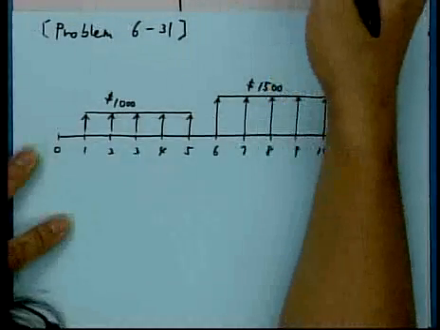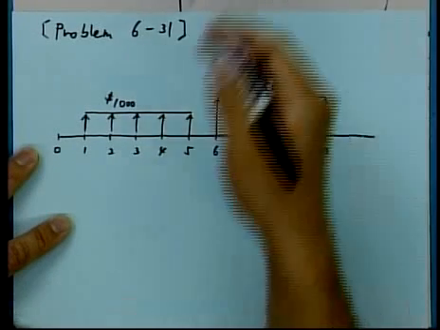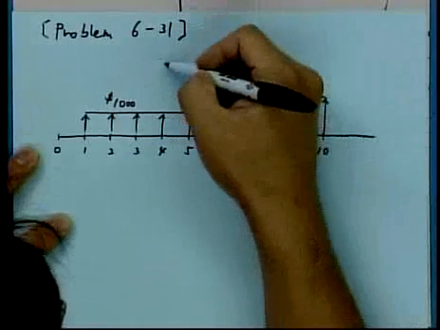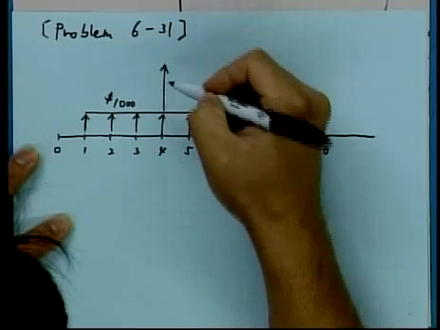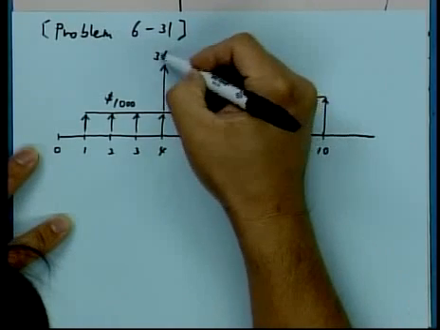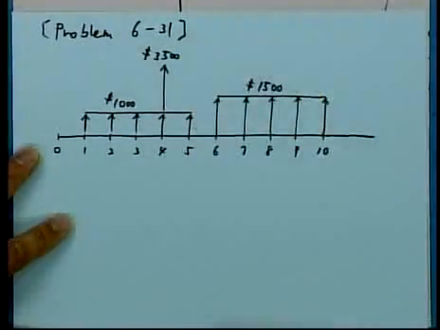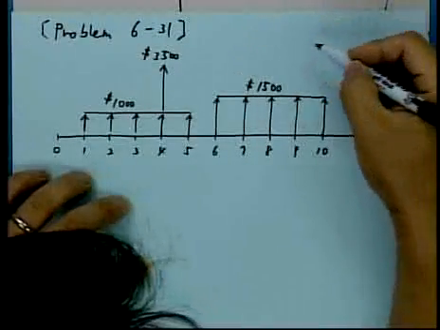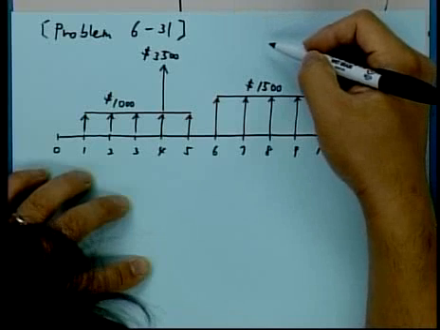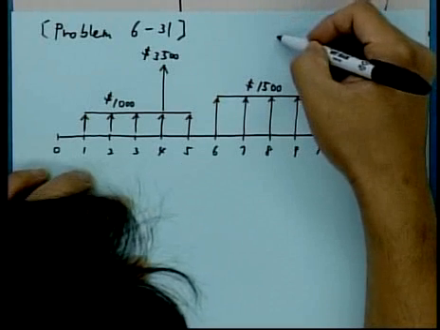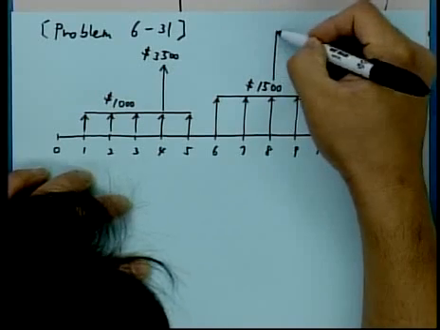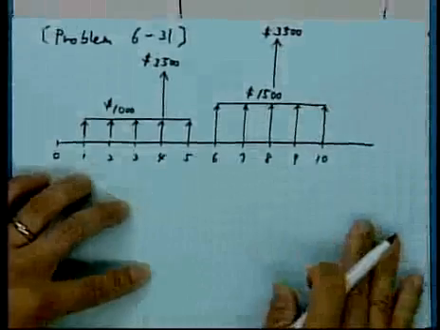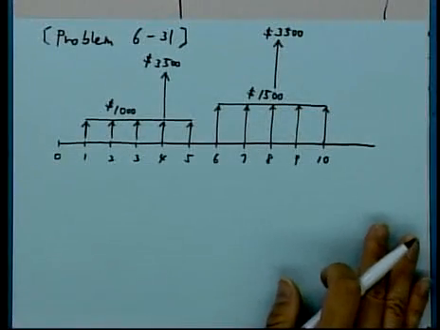In addition, it says $3,500 will be budgeted at the end of the fourth year. So we have $3,500 at the end of the fourth year, and another $3,500 at the end of the eighth year, right here. Okay?